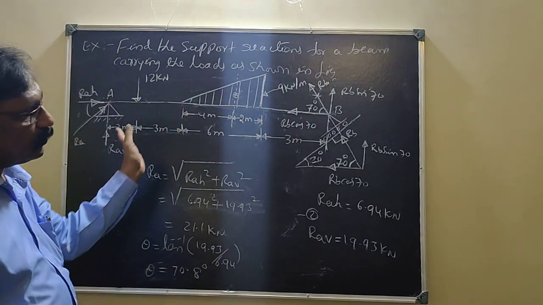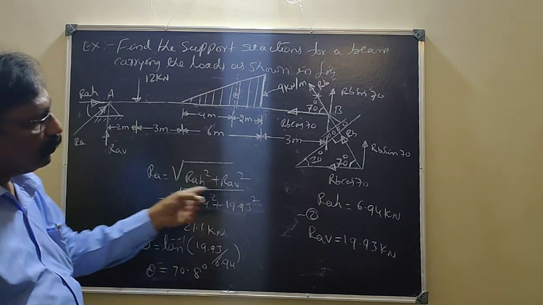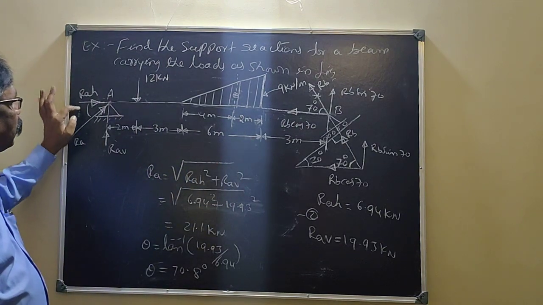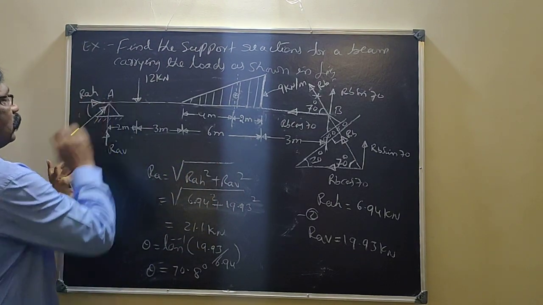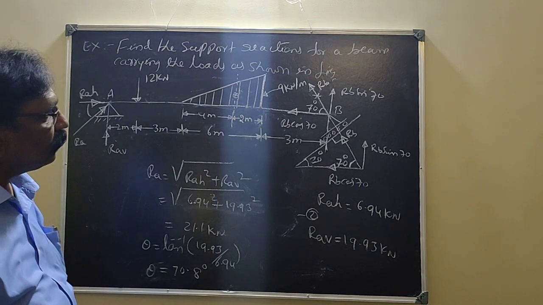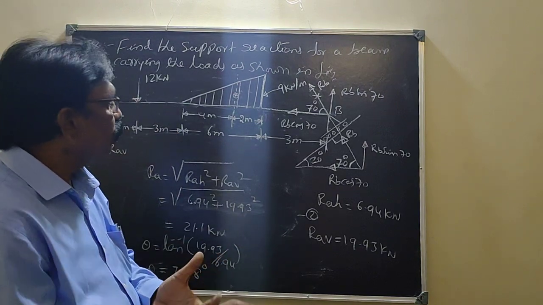That is the only difference. That means loads may be inclined or the other end may be inclined; because of that, horizontal thrust will develop at the hinge support. So this is how the numericals are to be solved on equilibrium of concurrent and non-concurrent force systems.